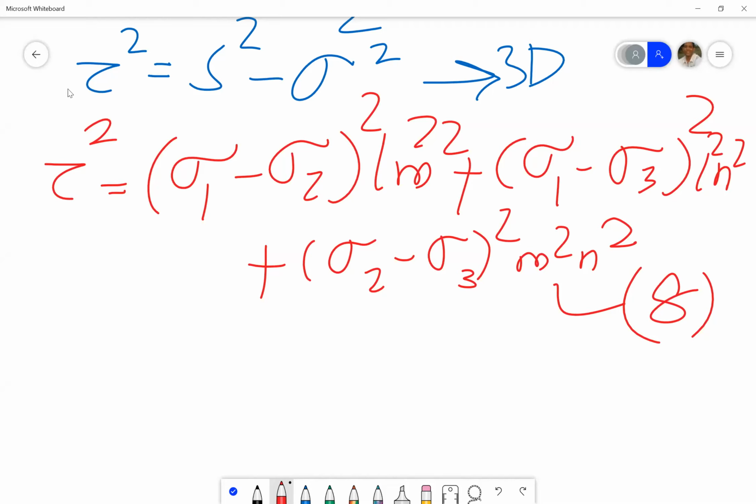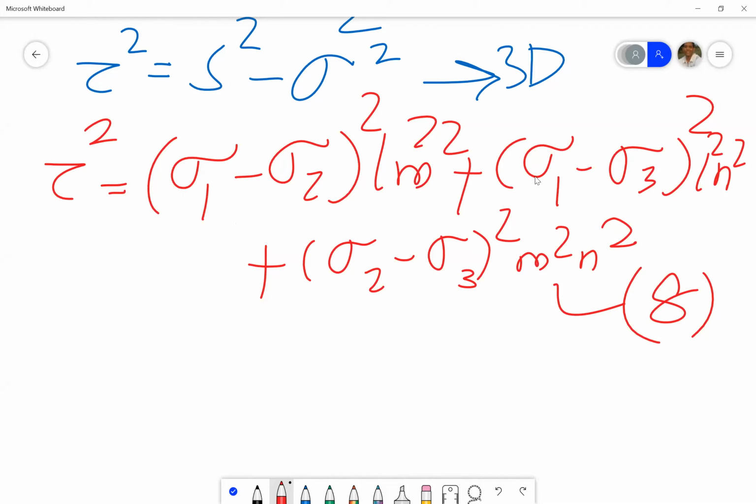If there is a single stress component, we can write tau square is equal to sigma 1 square minus sigma 2 square. But for three-dimensional cases, we write sigma 1 minus sigma 2, then the cosine components LM.